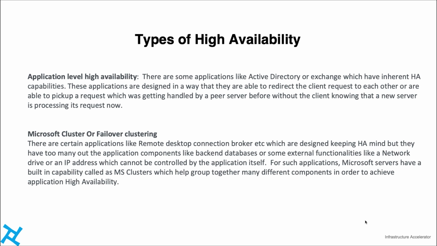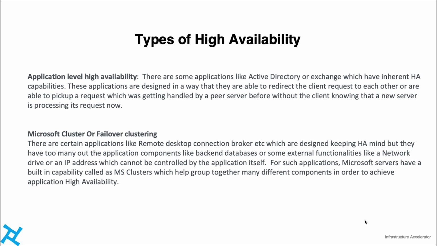But as compared to that, a service like Remote Desktop Services is dependent on too many external variables which are not part of the default application for it to be able to provide high availability. It is not in the capability of this application itself to provide application level high availability because there is a network IP address which is concerned, and there is a backend database which is concerned, and there are other functionalities which are concerned.